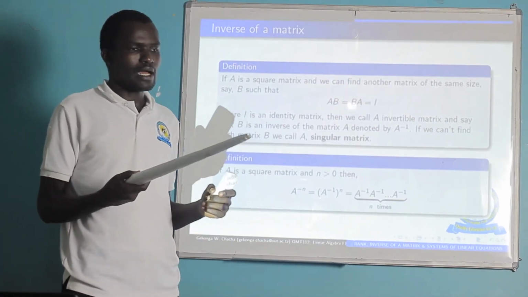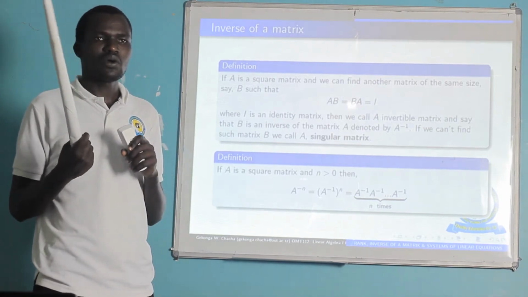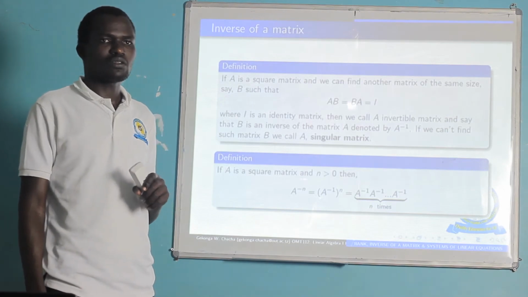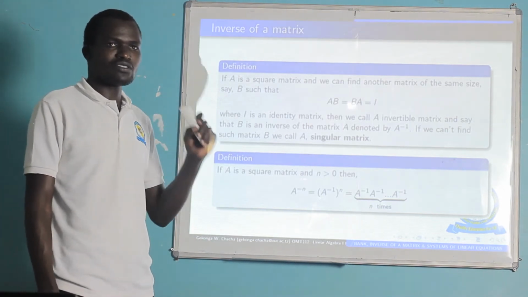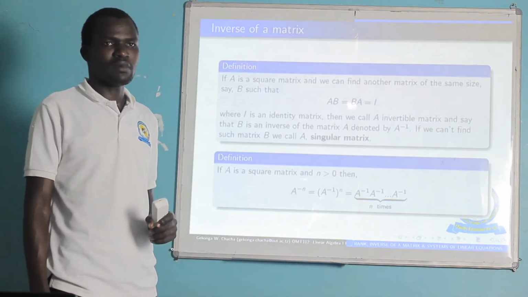Also, a matrix with zero determinant cannot have an inverse. So we can also say that matrices with zero determinants are singular matrices because they have no inverse matrices.